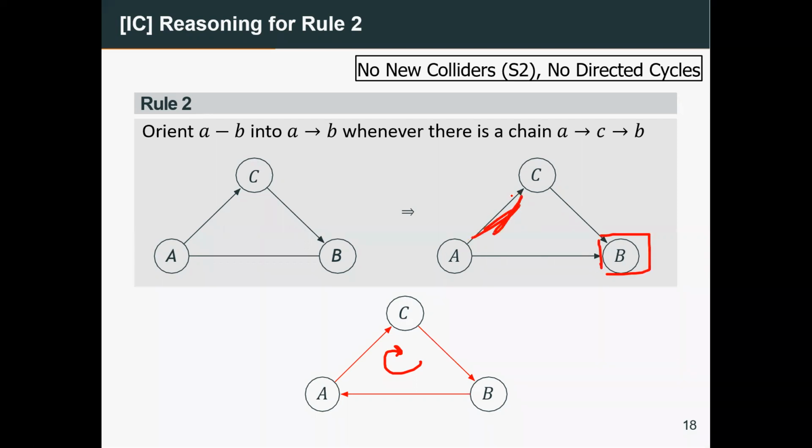We'll always have this other path as well. Okay, cool. So A and C are already dependent, so the fact that there is a collider will not add a dependency. It's already there.